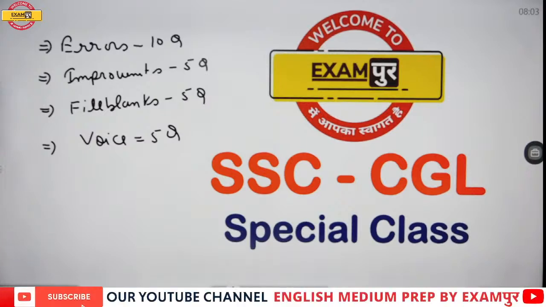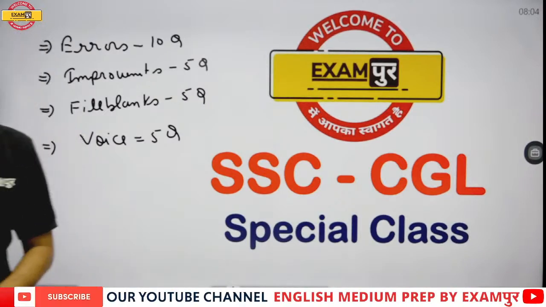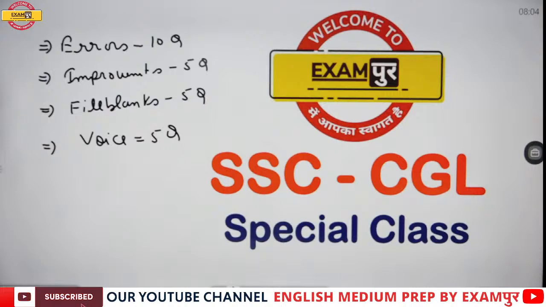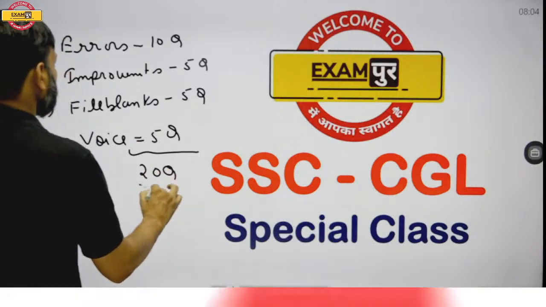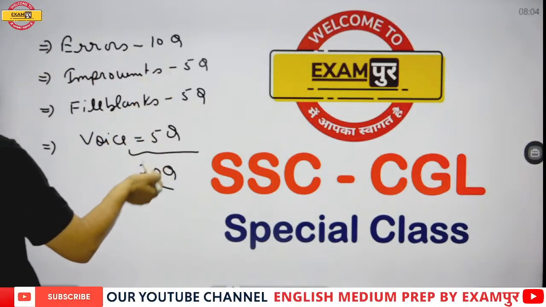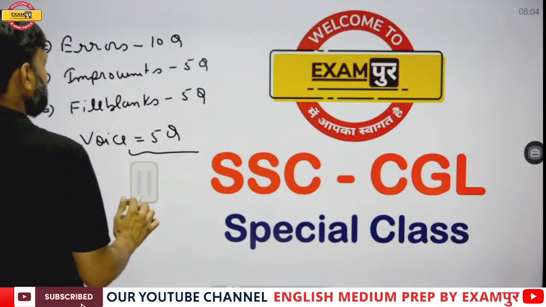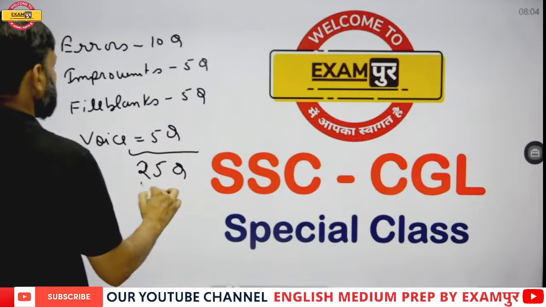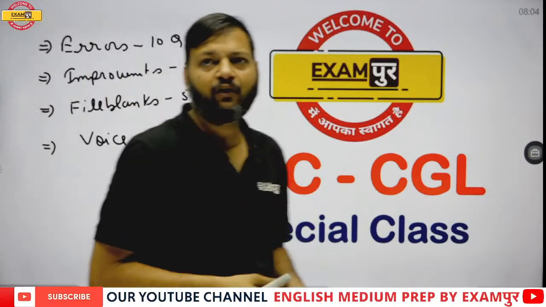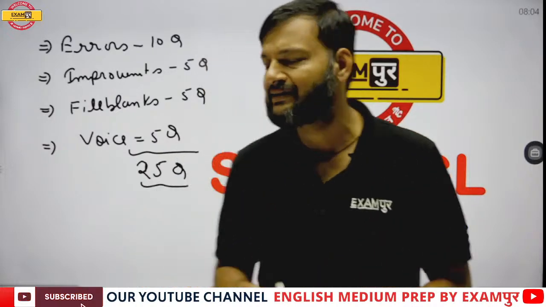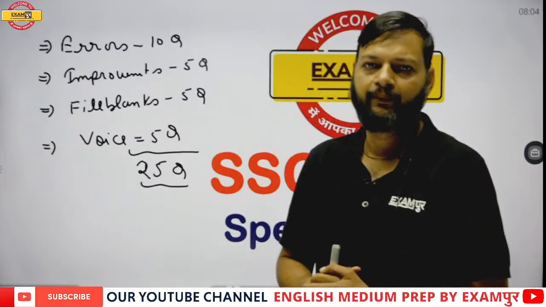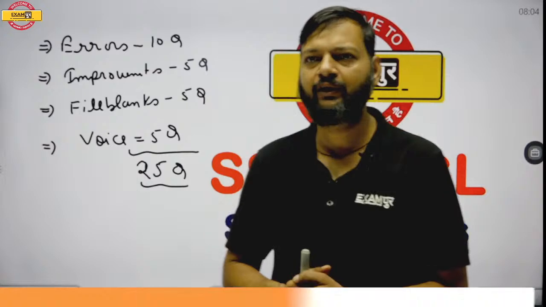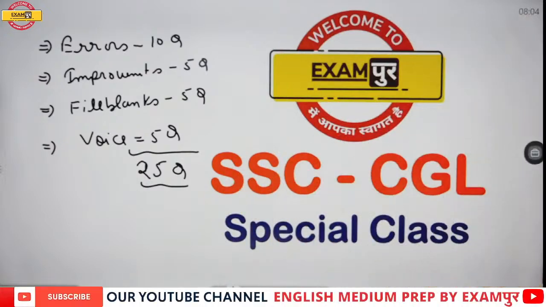So 20 questions at least. No, these are actually 25 questions. So in today's class, we are going to solve 25 important questions: 10 errors, 5 improvements, 5 blanks, and 5 questions from active and passive voice. Okay, so without wasting time, let's start.